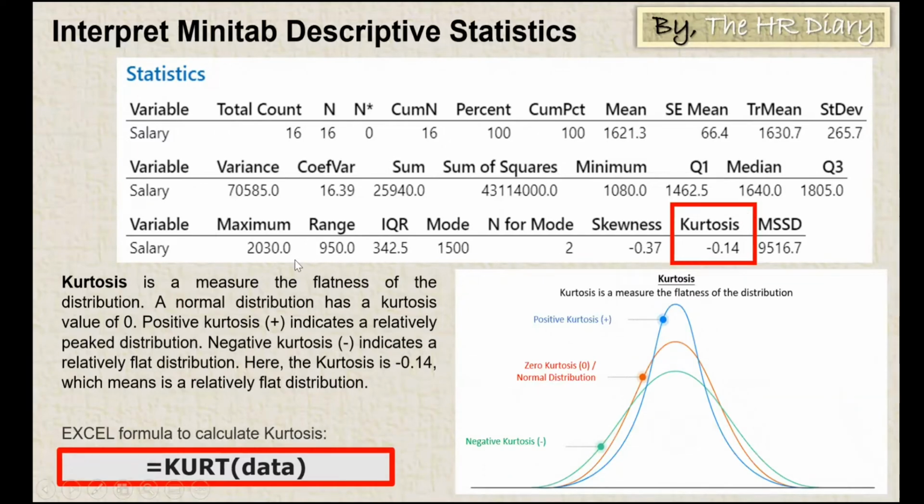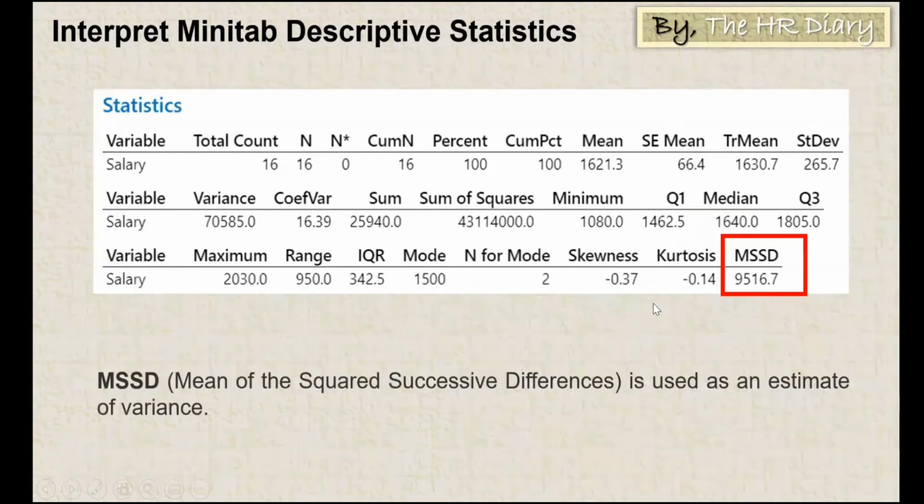Kurtosis. Kurtosis is a measure of the flatness of the distribution. A normal distribution has a kurtosis value of 0. So this curve here is a normal distribution, and it has a kurtosis value of 0. A positive kurtosis indicates a relatively peak distribution.